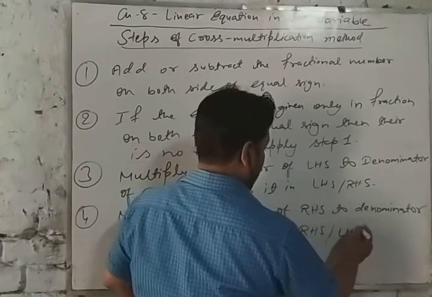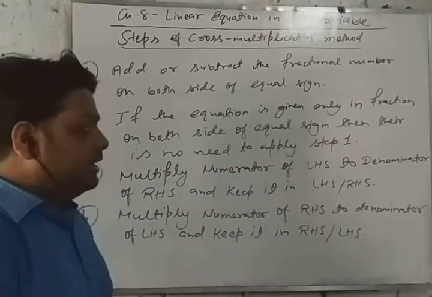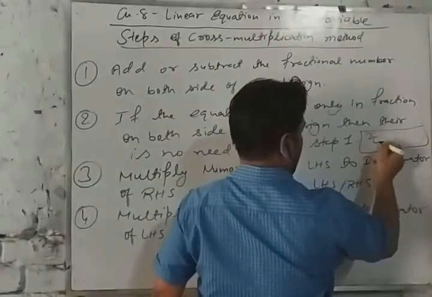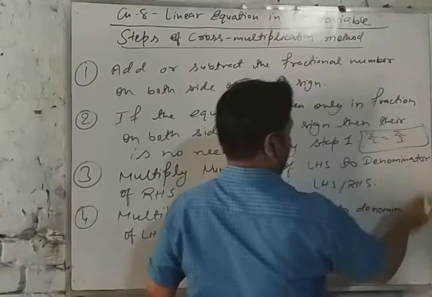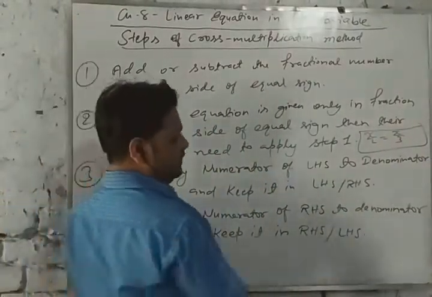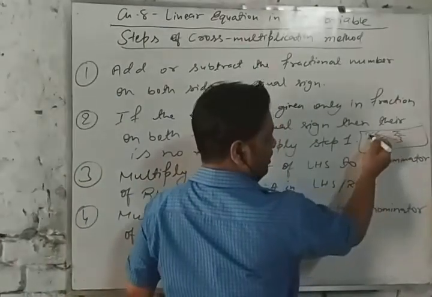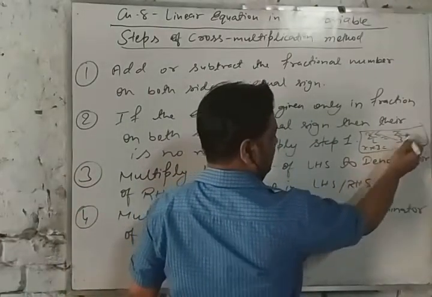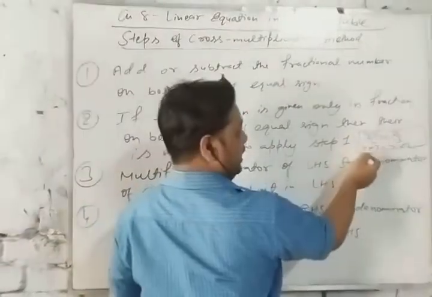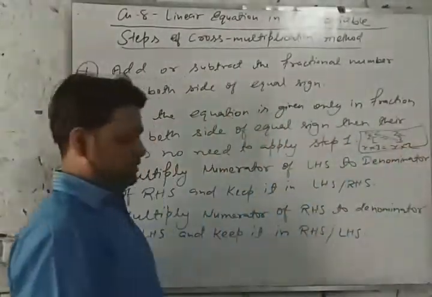For example, if it is given x/2 and x/3, and you multiply x into 3, then always x into 2. If we keep one in LHS, then the other will be kept in RHS always.